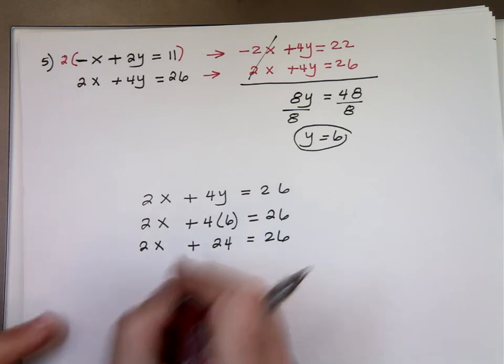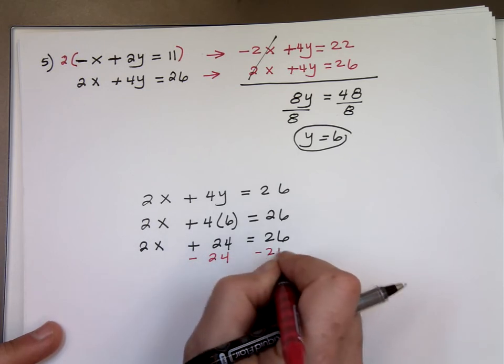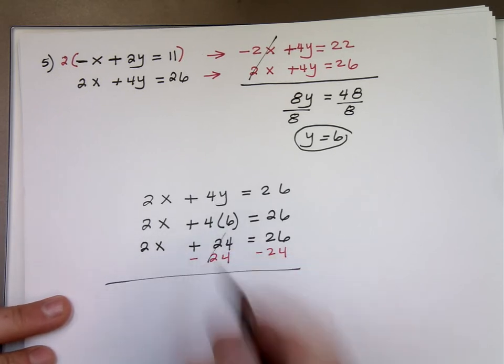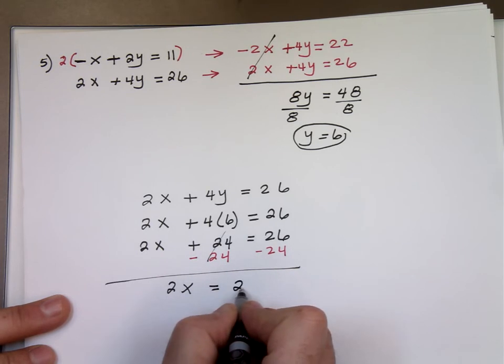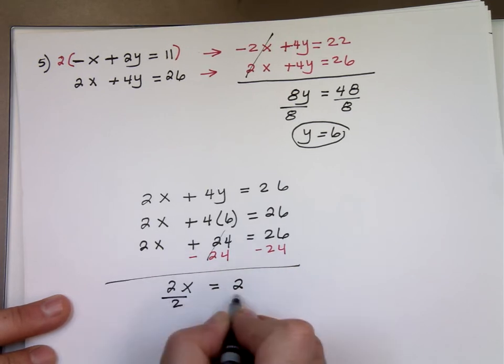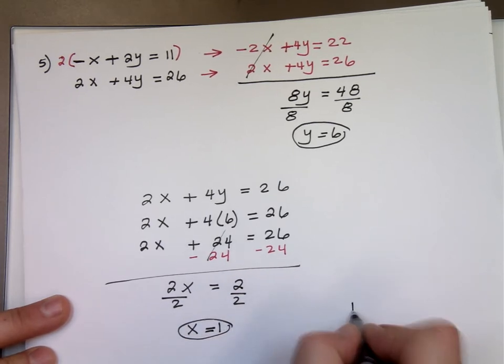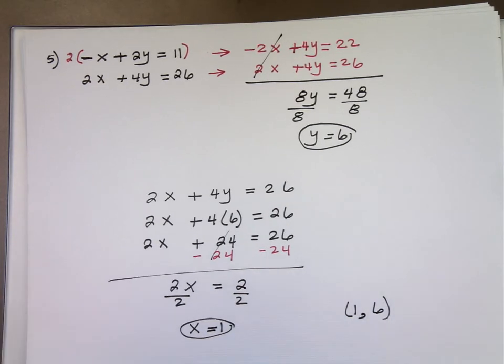Subtract 24 from both sides, or take the 24 to the other side. 2x equals what? 26 minus 24? 2. To solve for x, you divide by 2. X equals to what? 1. So your solution, again, always write x first, y second. Your solution is 1, 6.